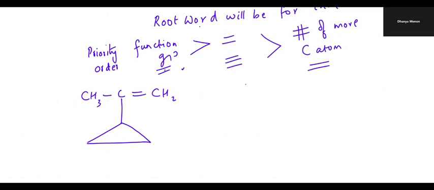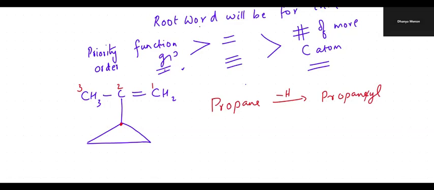So the double bond is given the smaller number: 1, 2, 3. What is our substituent? It is propane. From this carbon, one hydrogen is removed and then it is attached to the main chain. So propane, yl. The e and y are coming near to each other, so remove that e.